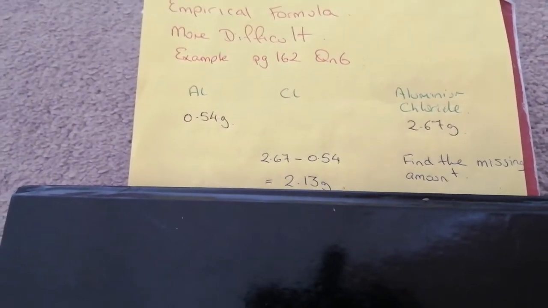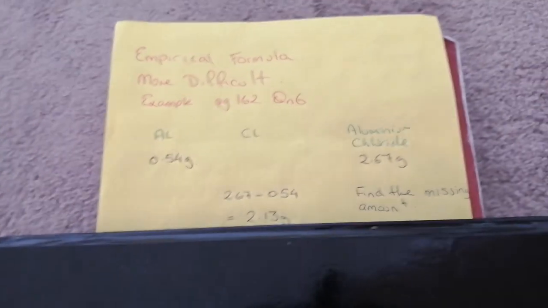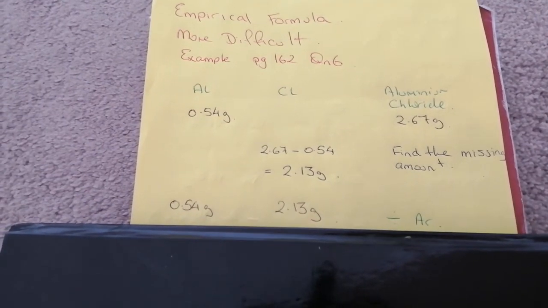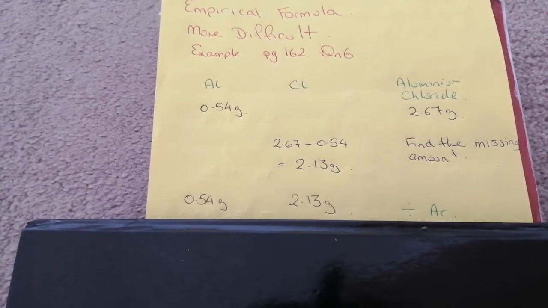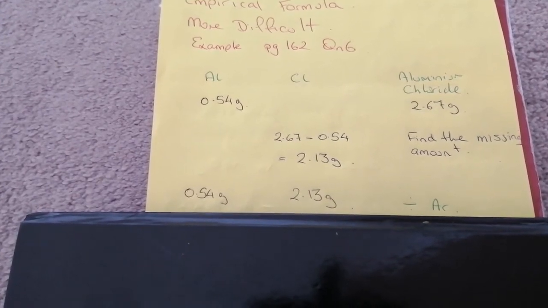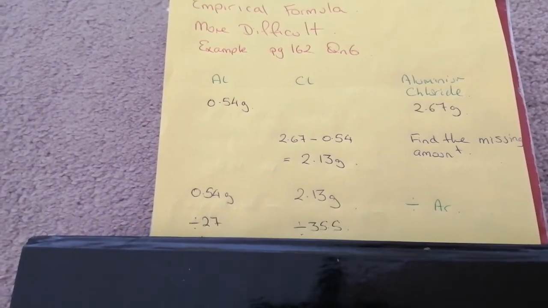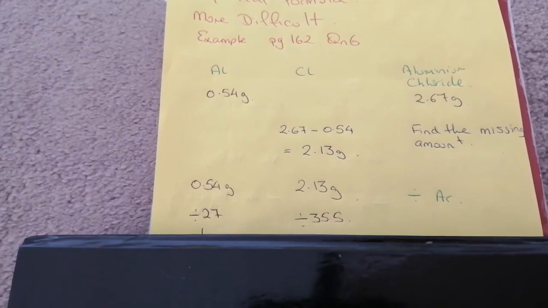Okay, so we're just going to go from there now, just like we did in the last one. We have the amount of grams, so all we have to do is divide that across by the atomic mass of each element. So for the aluminium, we divide it by 27, and the chlorine we divide it by 35.5.